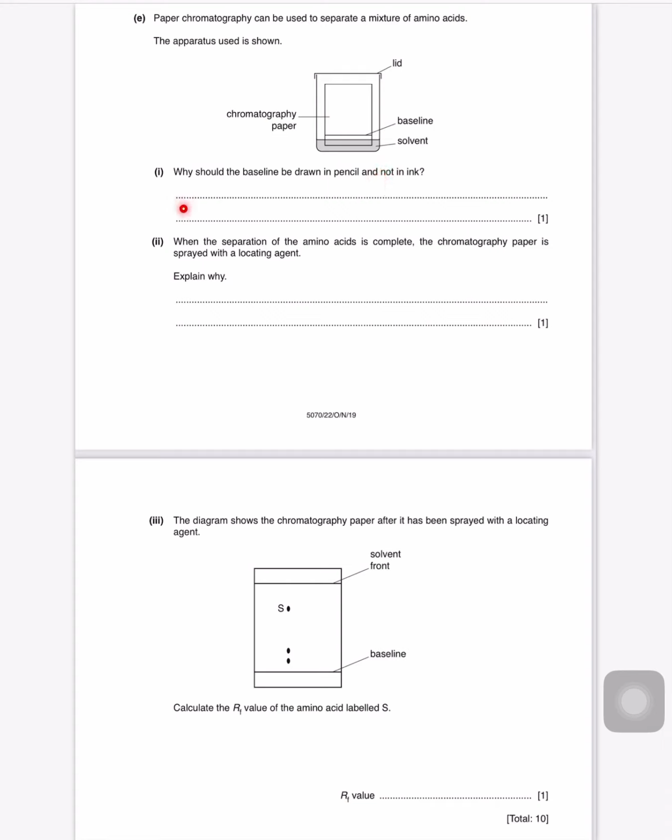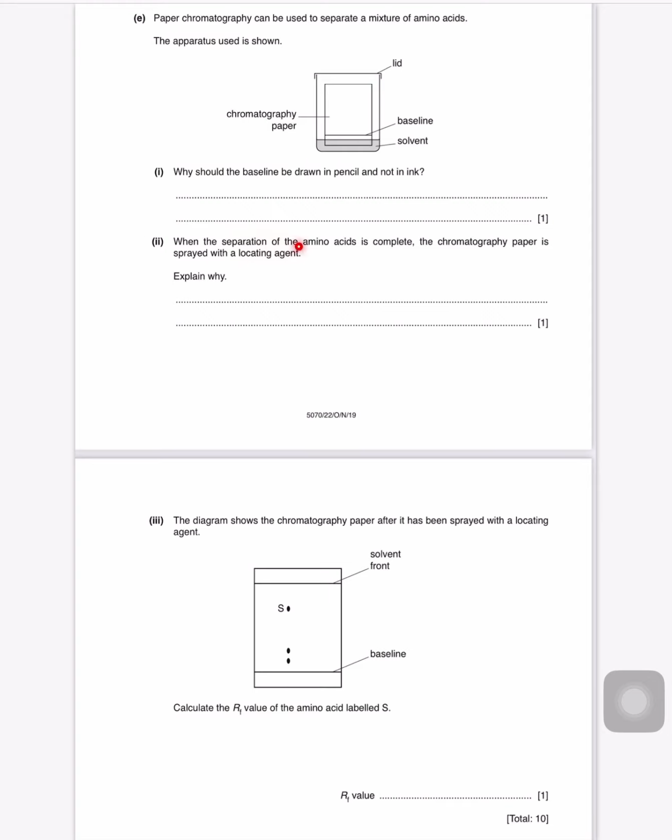How to write for these two lines and 1 mark: pen ink is soluble in the solvent, hence very clear results of chromatography cannot be obtained as ink of pen will dissolve in the solvent. Whereas pencil will not, definitely.